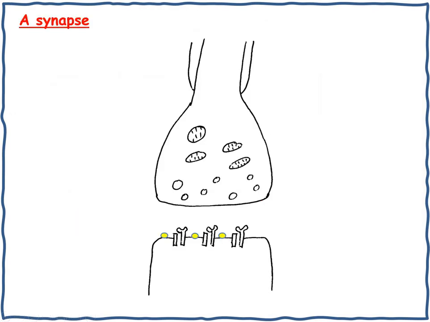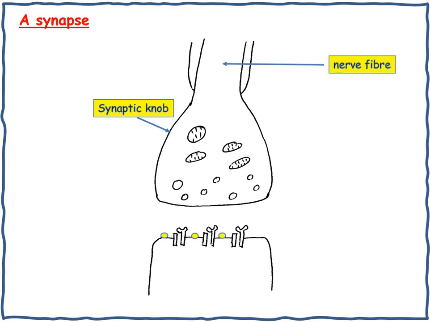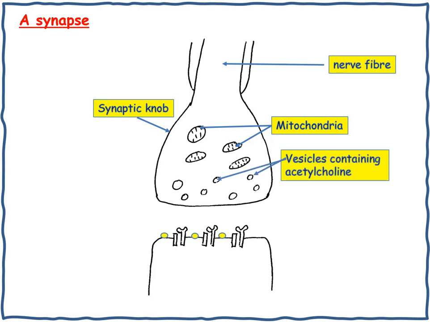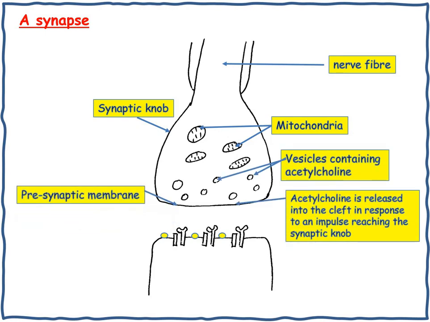So looking at the structure of a synapse, this is the axon or nerve fibre. The end of that ends in a swelling called the synaptic knob. There's mitochondria, vesicles containing acetylcholine. Presynaptic membrane is this part, and then this is where the acetylcholine is released into the cleft in response to an impulse reaching the synaptic knob.